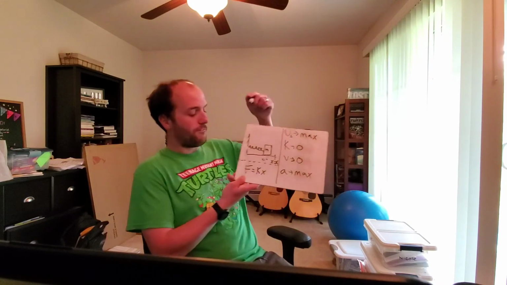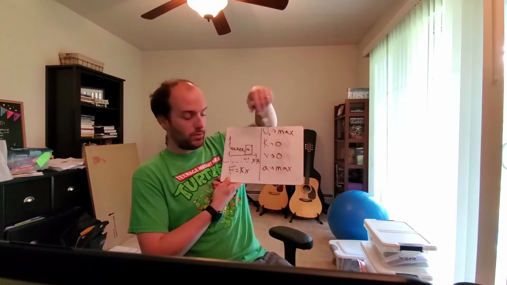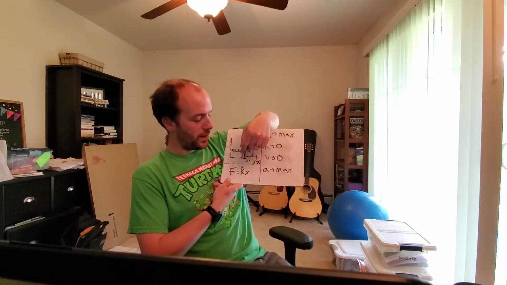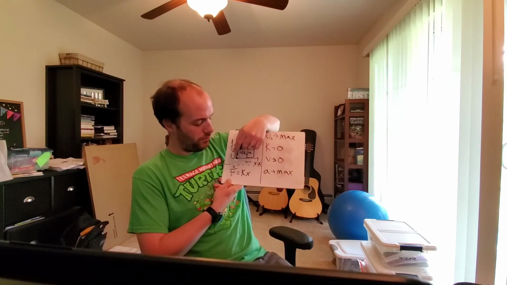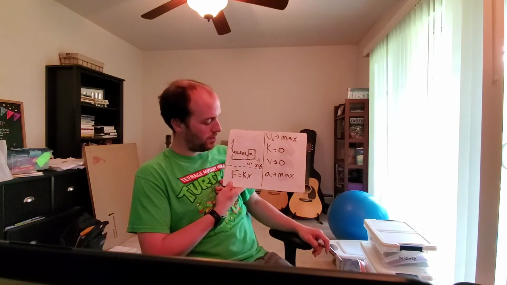One thing I do want to take a quick step aside for before we finish up: how do we calculate that acceleration for a spring? Well, we have to use something called Hooke's law. Hooke's law says that the force bringing an object back to equilibrium is directly proportional to its displacement. So force equals spring constant times that displacement.